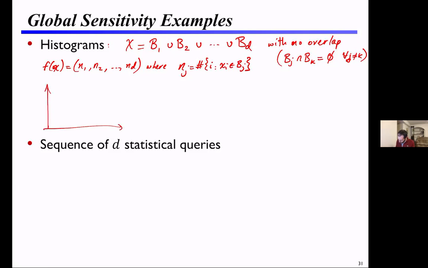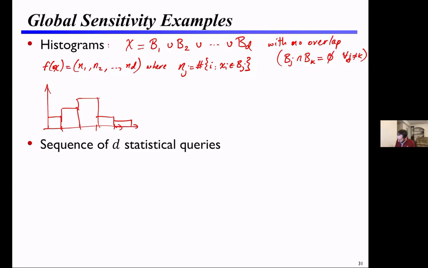If the bins were intervals on the line, the function would look like a traditional histogram plot that you might generate in Python or something.